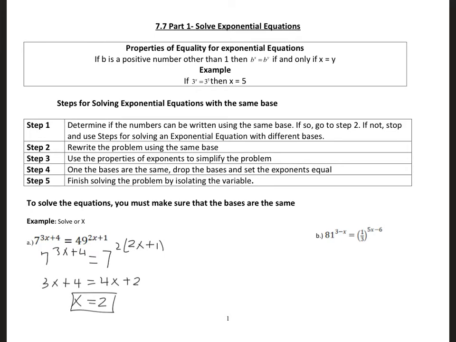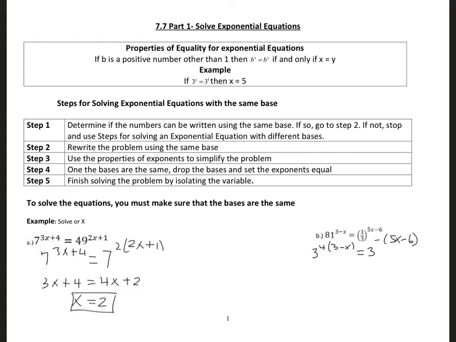Now the next one, this is going to be 3 raised to 4, and this is 3 minus x. On the other side, remember I can use the properties of exponents, like the reciprocal of 3. So I'm going to multiply everything here by minus so that I can move the 3 up, just like on the other side.